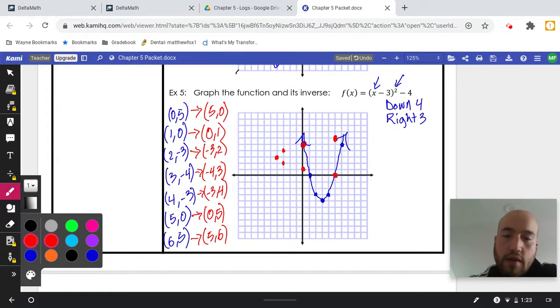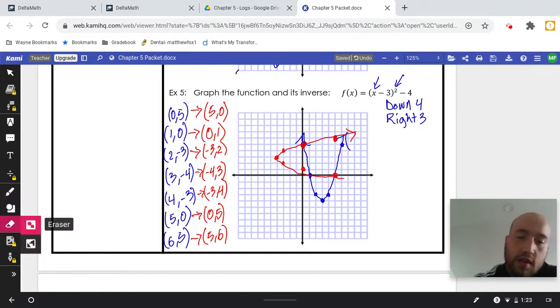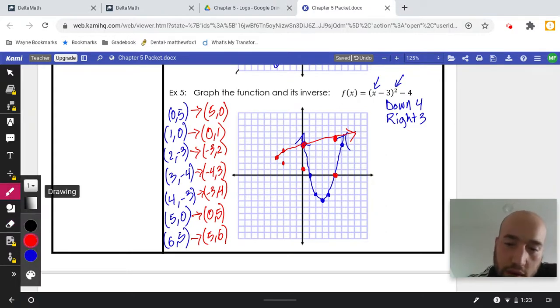And finally there, we draw that in, and let me undo that. That was not a good line. Okay, the final line here. All right, and we're done.